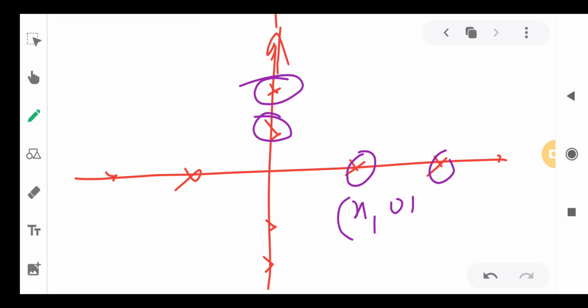On the y-axis, x will not be there, the form 0 comma y1 will be there. On these points, you simply subtract the lower coordinate from the higher coordinate.